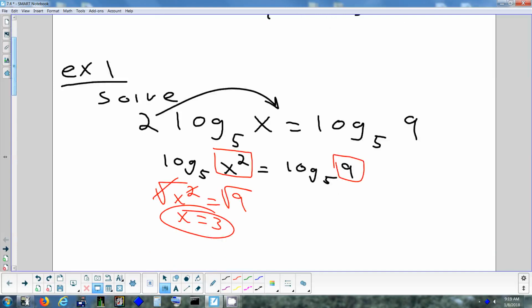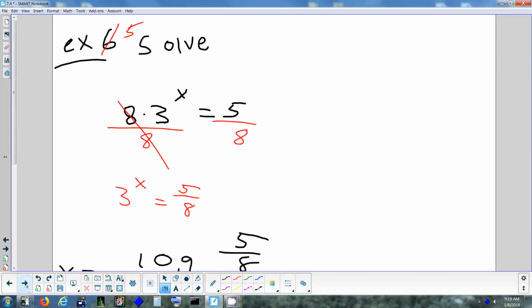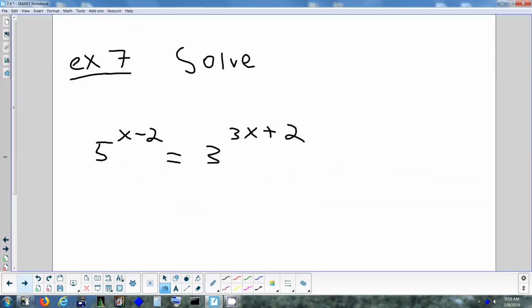In this problem, I did the reverse of that. But in this one, I want to move those exponents in front. But why can't I just move them in front right now? I can't just take the x minus 2 and throw it in front. How come?